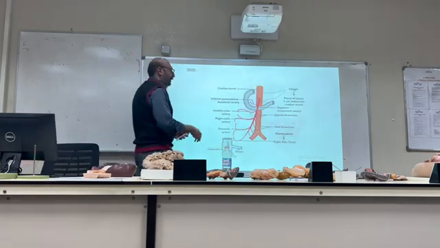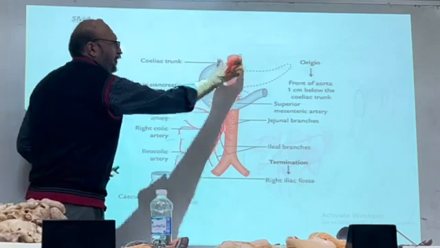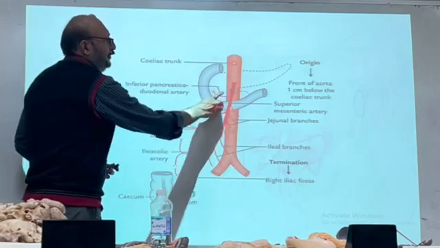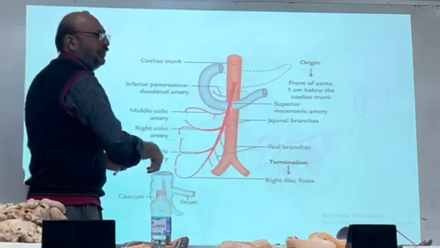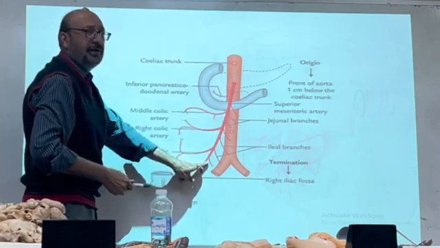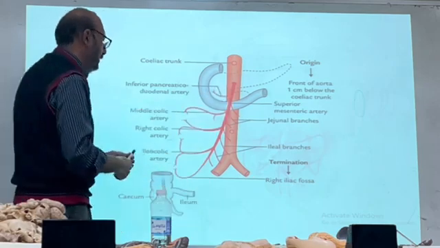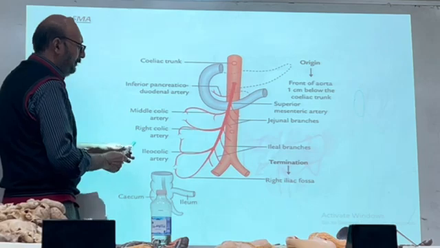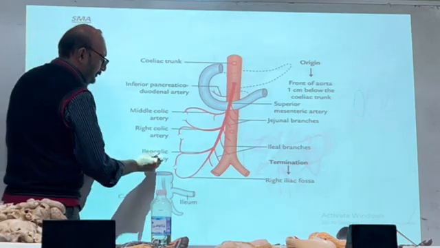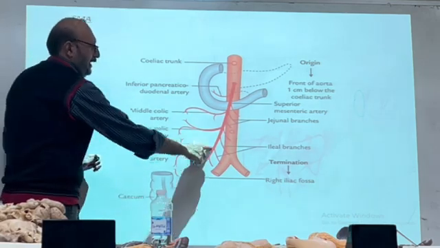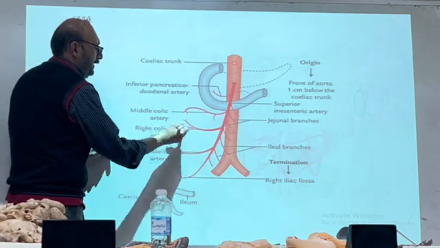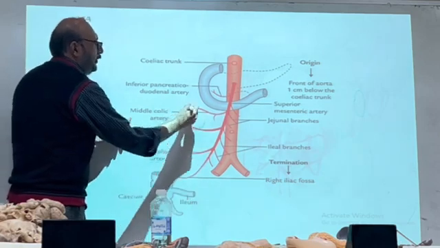Superior mesenteric artery, I told you it is in this direction. This is the aorta, this is the superior mesenteric artery, and this is the duodenum. In front of the duodenum, it's crossing. This is the main trunk of the superior mesenteric artery. There are three main branches: ileocolic, the last one, the right colic, this one, and the middle colic, this one.